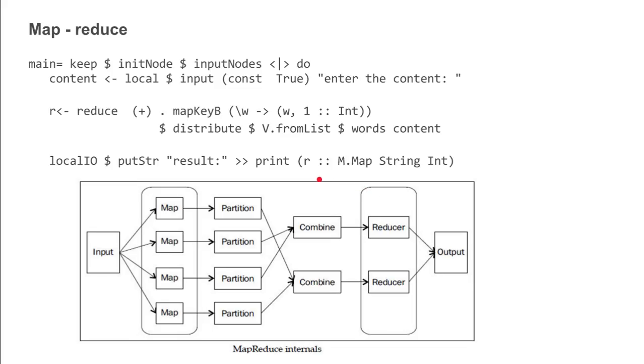There is a complex choreography here, and it is a proof of how well the composability of Transient works, because MapReduce is made of parallel and concurrent operators.